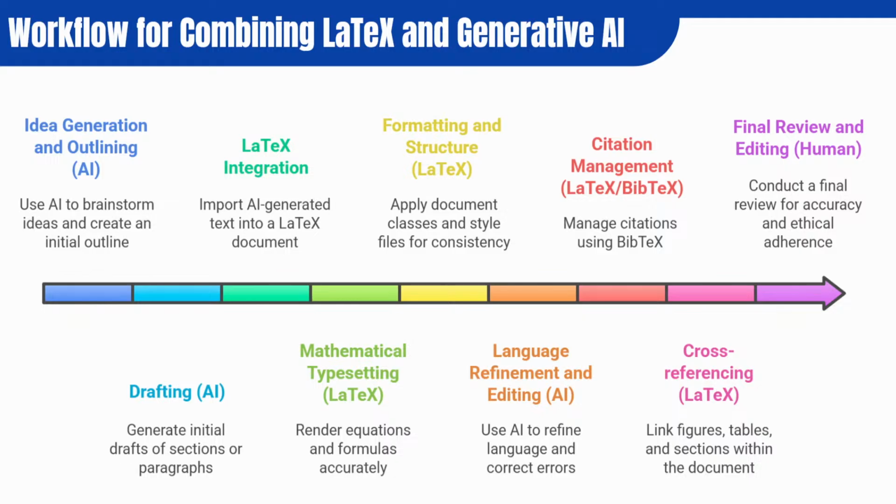Then we transform the document we have created, importing AI-generated text into the LaTeX document, and I will demonstrate how you can transform it into LaTeX format within a few seconds. Whether you are a complete beginner or an advanced learner, once you have the format, you can prepare your document and insert everything you need.